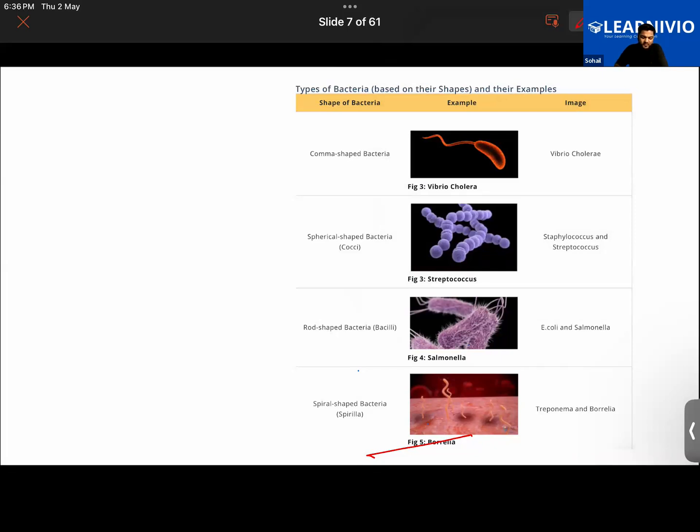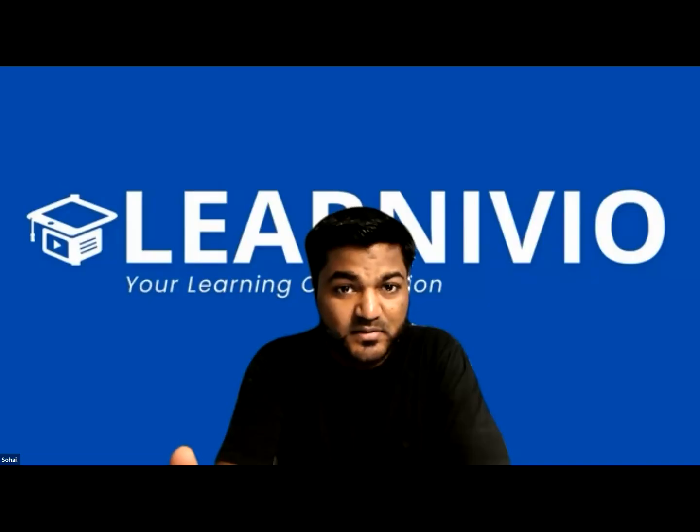Usually here we are observing that there are 4 different types of bacteria based on their shape. What are the shapes? You have comma shaped bacteria, spherical shaped bacteria, rod shaped bacteria, and then spiral bacteria.